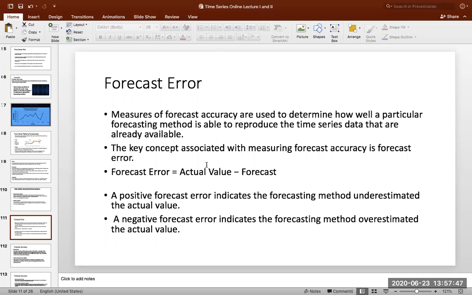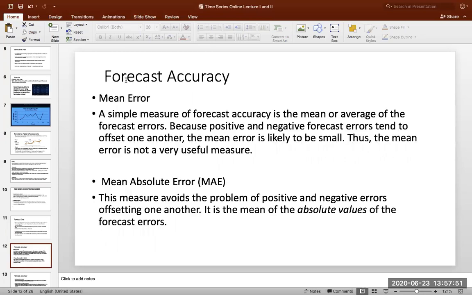So that is why forecast error is very important, and it is used to judge what? Forecast accuracy. So when you subtract the forecast from the actual and you find the average of it, you get what? Mean error. But we know that it is made up of negatives and positives, like from our previous one where we were finding variations.